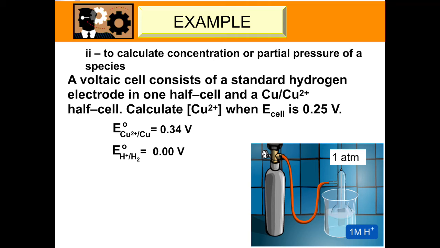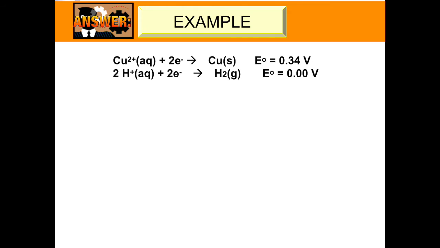Calculate concentration of Cu2+ when E cell is 0.25 volt. Okay, so based on the E0 reduction potential, we know that the cathode must be Cu and the anode belongs to hydrogen. So let's calculate the E0 cell first.